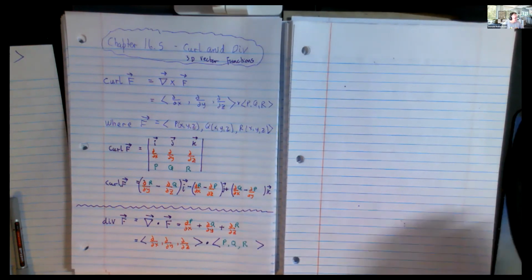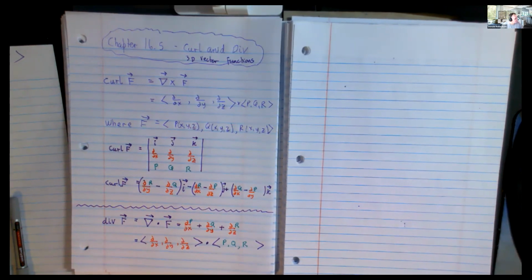So let's look at a conservative field then and calculate its potential function. And I am not going to try and make one of these up because I'll never get it to work. So I'm going to pick one and I will do it.